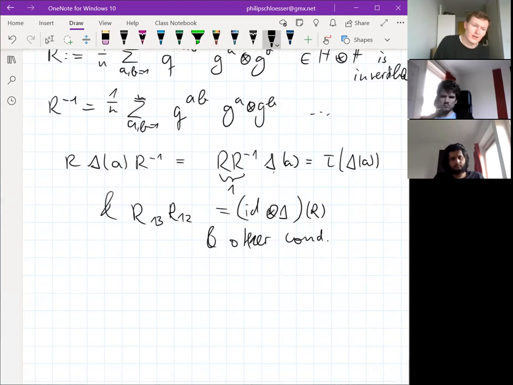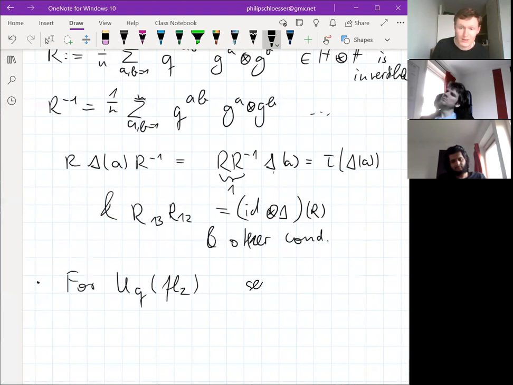And lastly, I guess the one we've all been waiting for, the quantized enveloping algebra. And this one really is a mouthful. If you want to learn more about this, I really suggest you watch the video that I will send around later. For U_q(sl2), set q to, I believe, again, the nth root of unity.